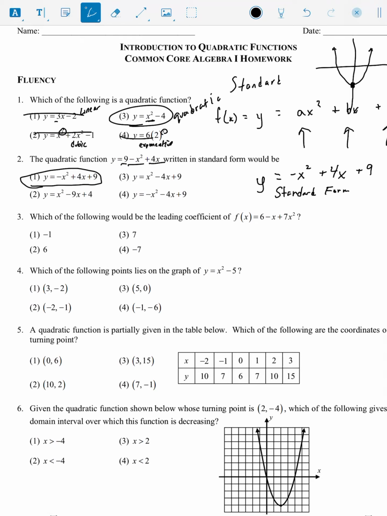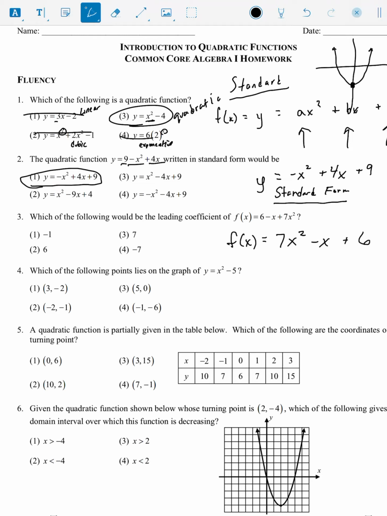Question 3 says, which of the following would be the leading coefficient of f of x equals 6 minus x plus 7x squared? So again, we want to see these functions in standard form. Clearly, our x squared term comes first, then our x term, and then our constant.